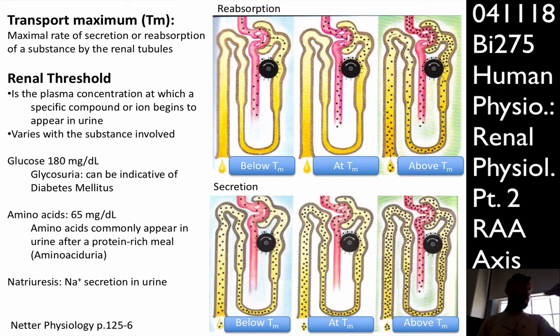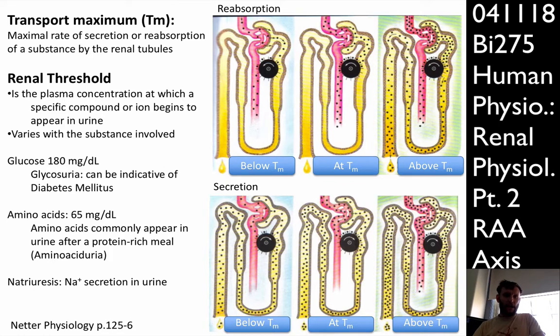If you reach transport max and you go above your renal threshold, whatever that thing is that you're transporting is going to end up in the urine. If you're at transport max and the concentration continues to go up in the blood, then that stuff is going to show up in your urine.